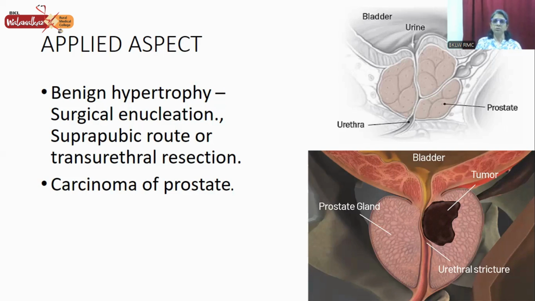The second condition is carcinoma of the prostate, again a malignancy, where there is a tumor, as you are seeing in the picture, and the tumor will again cause obstruction if it is immediately surrounding the urethra. The second thing is, as I told you, in CA prostate, the venous drainage communicates with the paravertebral venous plexus, and metastasis can occur into the vertebral column, and the prognosis here is bad.